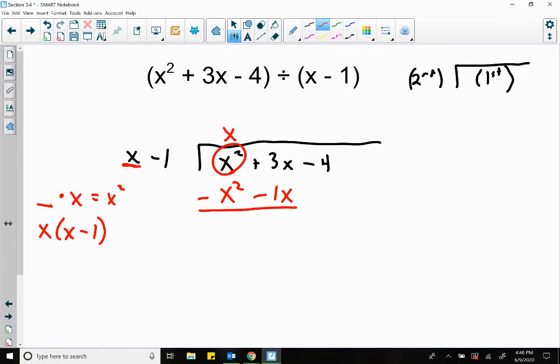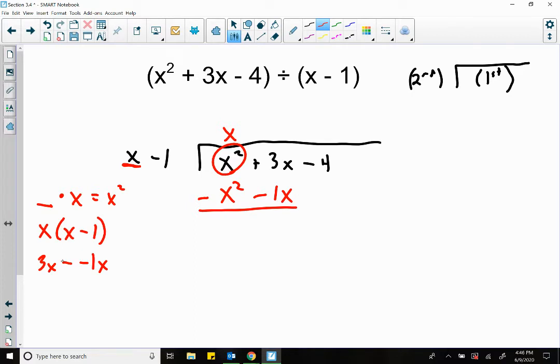Okay? But now you got to be careful over here with what's going on. Most of you are going to be like, oh, this is 2x. And I'm going to be like, no, it is not 2x, because what you're doing, remember, you are subtracting down. So this is 3x, and I always write this information out. 3x minus a negative 1x. See, 3x minus negative 1x.